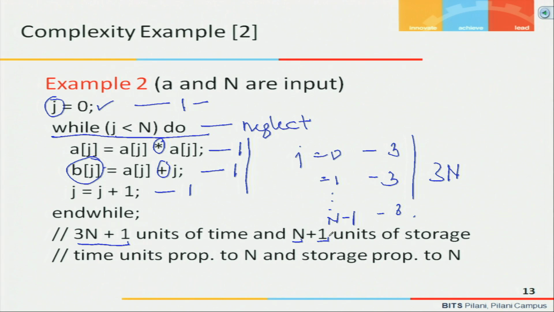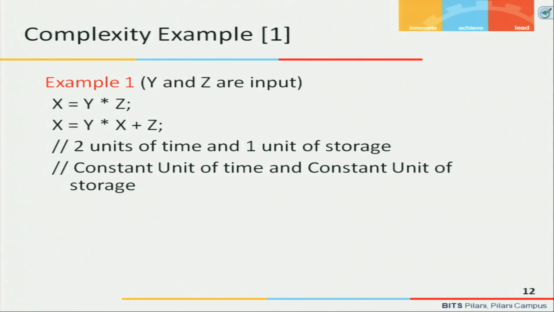So, this particular algorithm, as we see, requires 3n plus 1 units of time and n plus 1 units of storage. So, we say that this time is proportional to n and storage is also proportional to n. Now, we understand better example 1, in which we said that this particular algorithm requires constant unit of time and constant unit of storage.